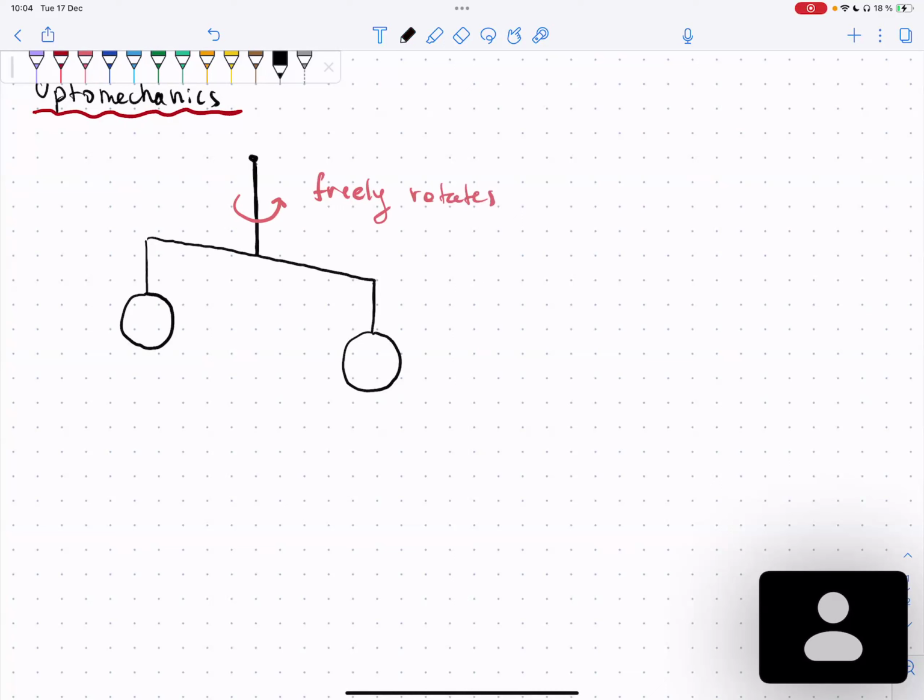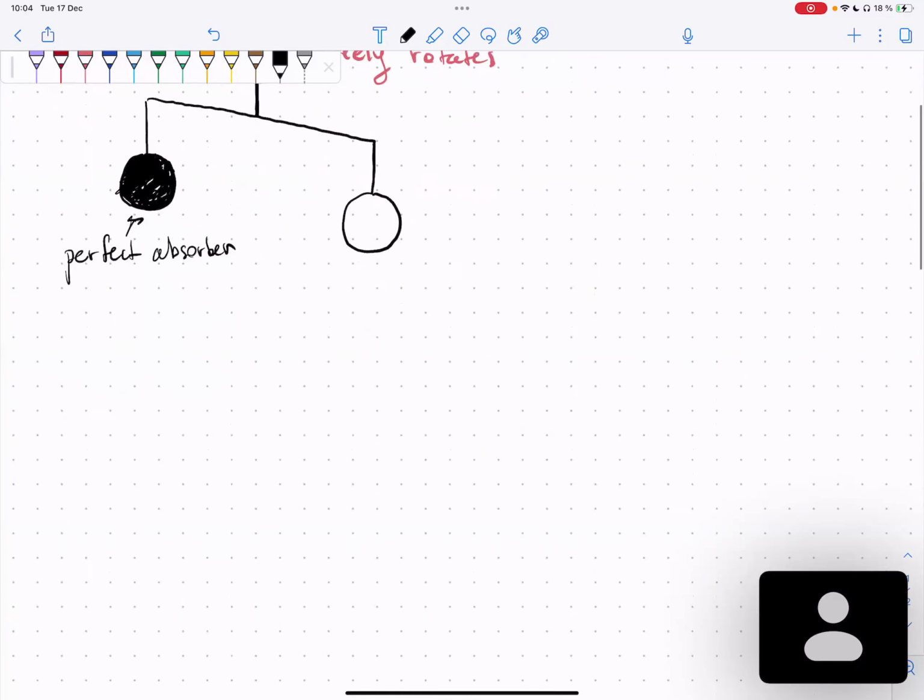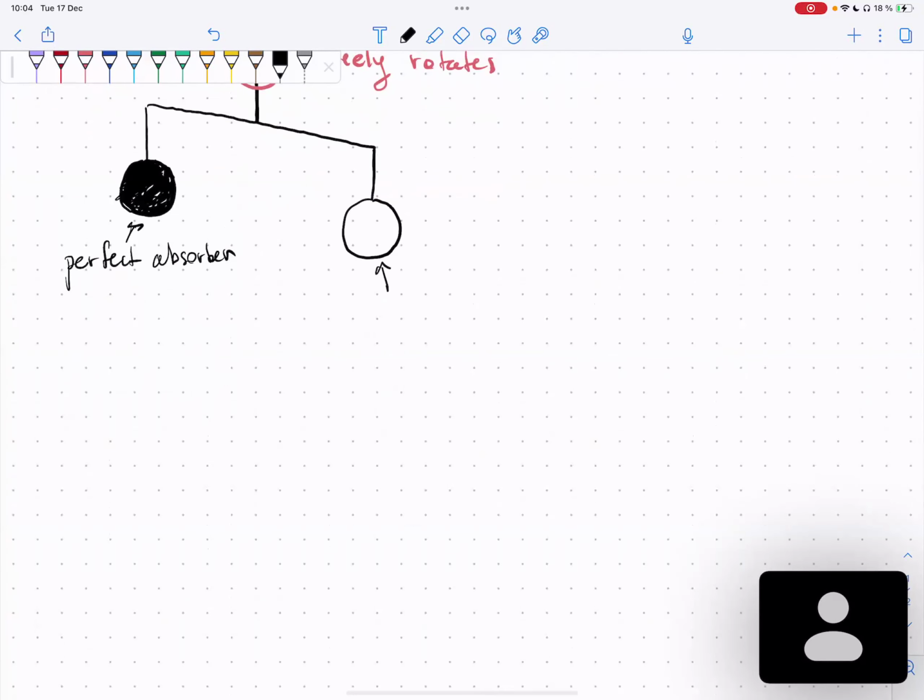And one of the cylindrical objects is a perfect absorber. So it absorbs all the incoming light. The second one is a perfect mirror.